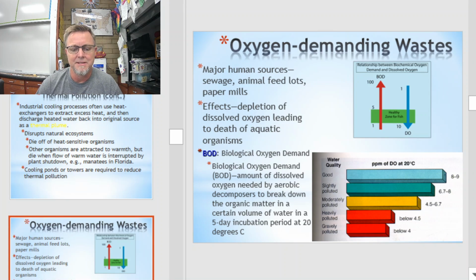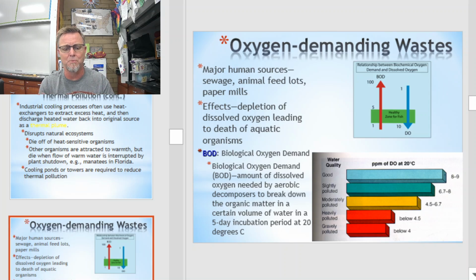Oxygen demanding waste. When we think about oxygen demanding waste, we make a full circle back to the human and animal waste we talked about at the beginning, in our first video, when we were looking at organic and inorganic waste products that sometimes end up in our waterways.